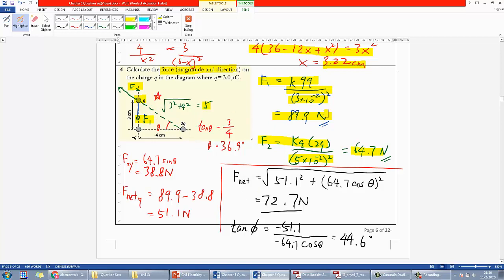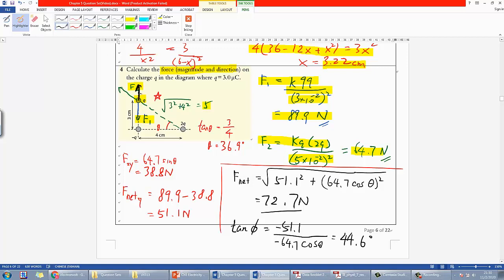After you get these two magnitudes, what you have to do next is to combine them, and that is something you learn in chapter 1. Since you know the blue one, F1, is perfectly vertical downward, while F2 can be decomposed into a vertical component, which is upward, and a horizontal one. Let me draw it out.